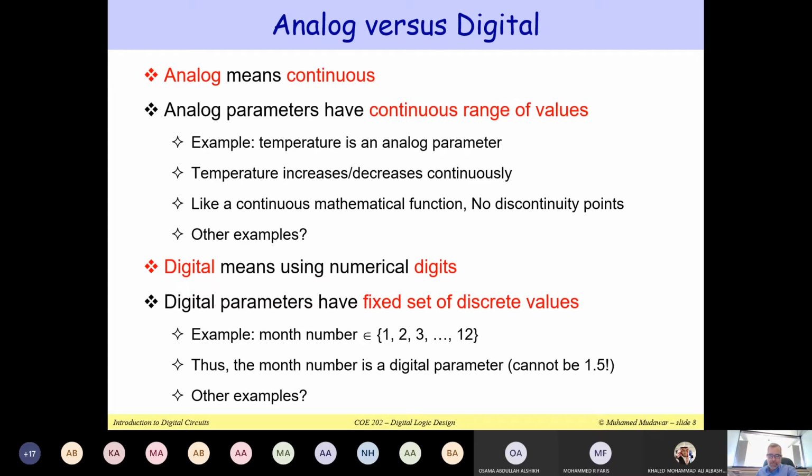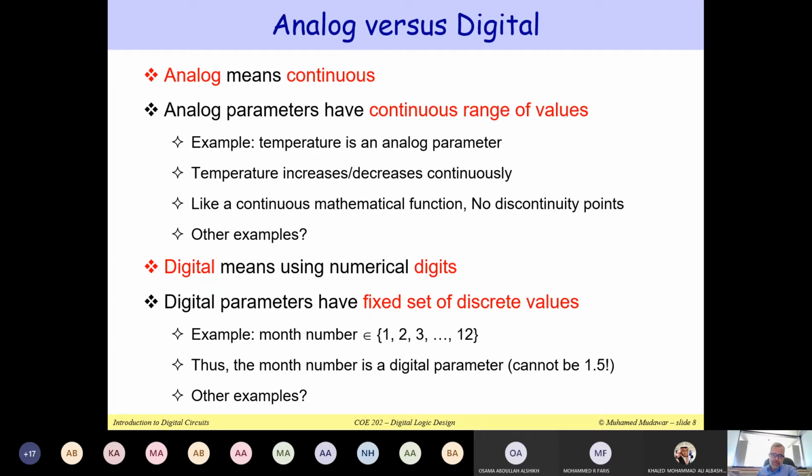You can have a month number to be either 1, 2, 3, and so on, up to 12, but you cannot really have the month number to be, let us say, 1.5. 1.5 is not a month number, right? It is either 1 or 2, but not 1.5. So you can think about the month number as a discrete value, as it can be represented by a digit. So we call it a digital parameter.